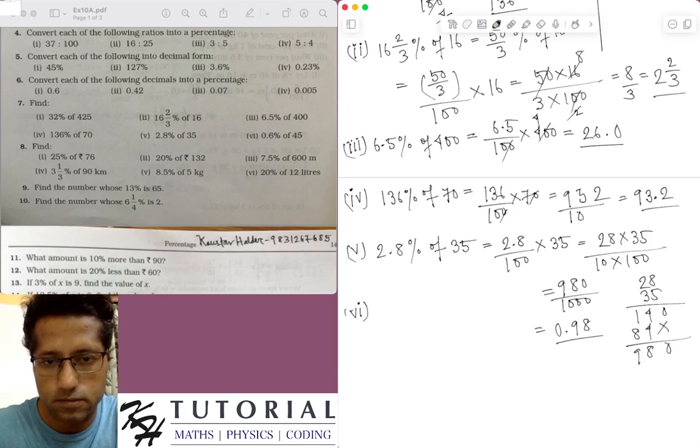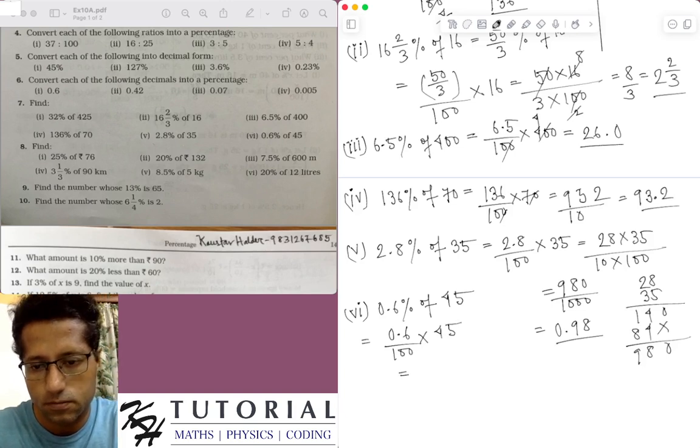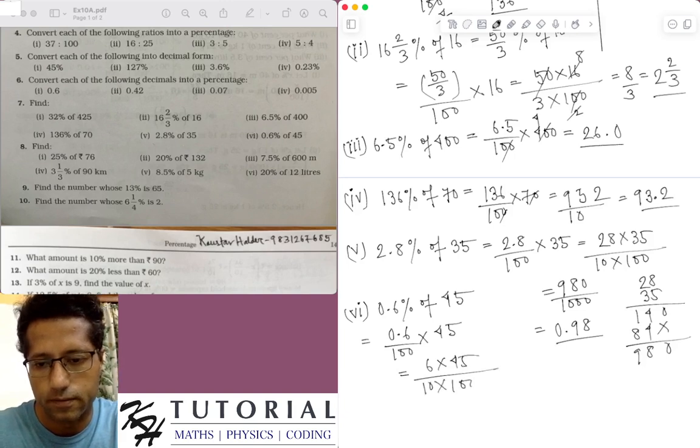Part 6. 0.6 percentage of 45. This equals 0.6 divided by 100 multiplied by 45. This equals 6 multiplied by 45 divided by 10 into 100.